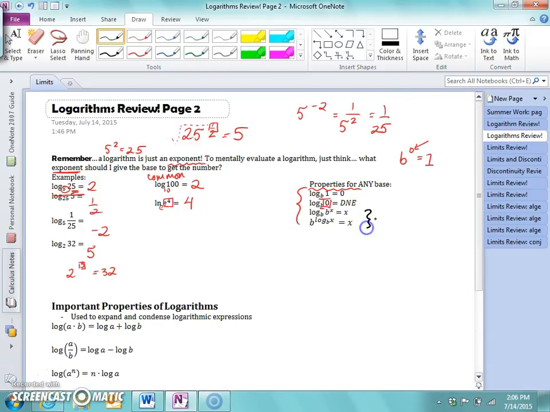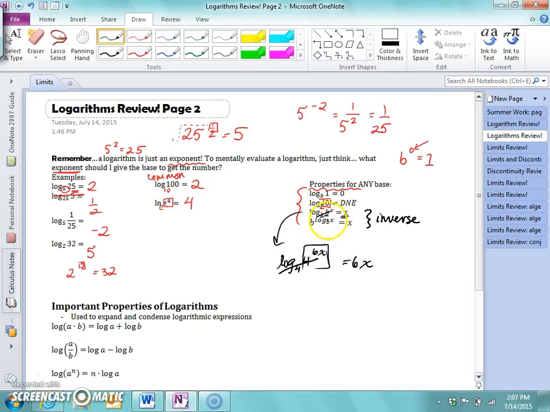The next two properties have to do with the inverse nature of logarithms and exponents. These will be used quite a bit. If I have a logarithm base b and I raise it to b to the x, those two will cancel, leaving me with x. So for example, if you have log base 4 of 4 to the 6x, the logarithm's base is the same as the exponential's base, so that means they cancel, leaving you with 6x.